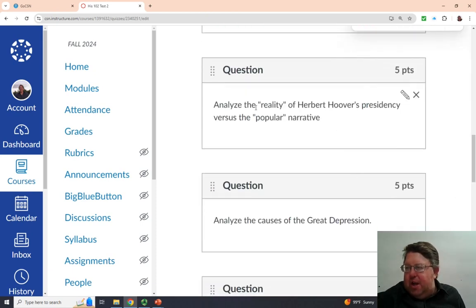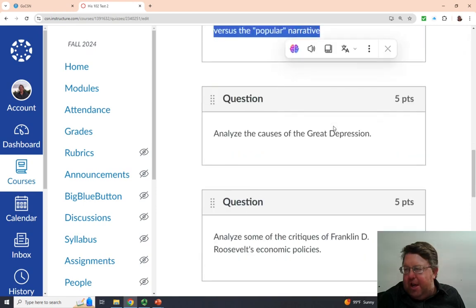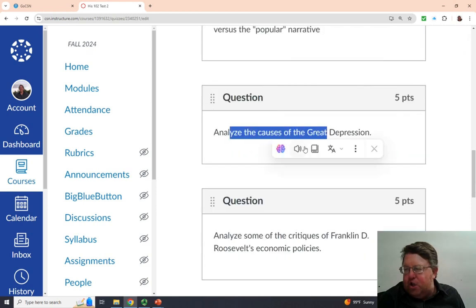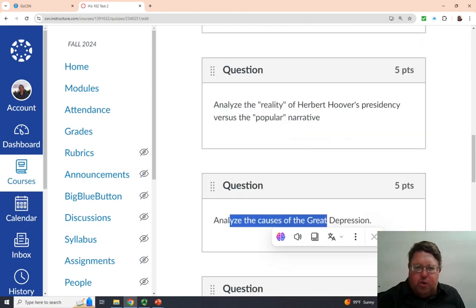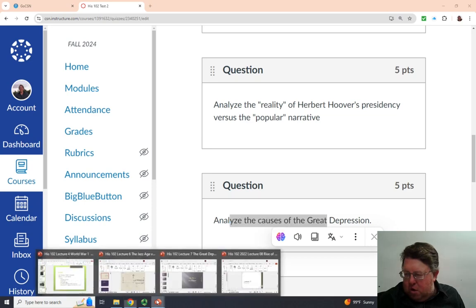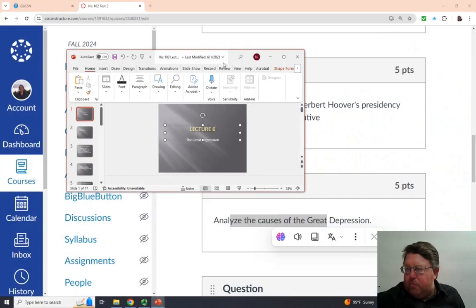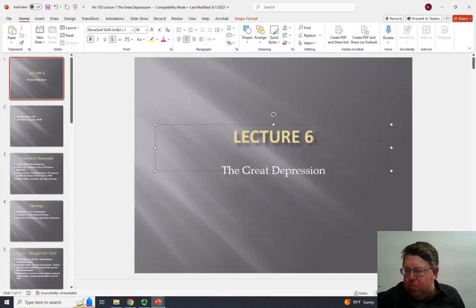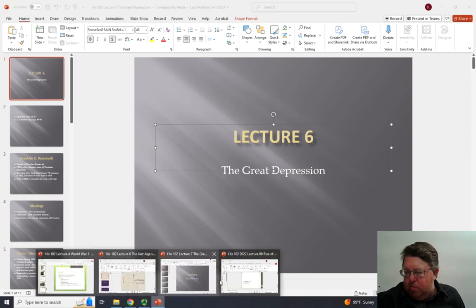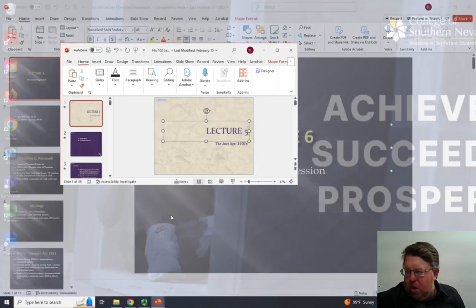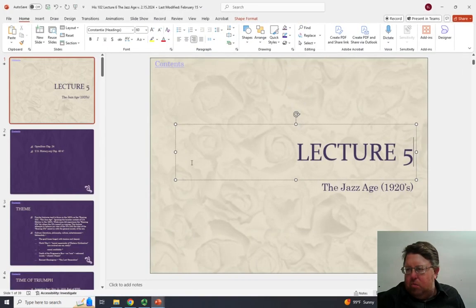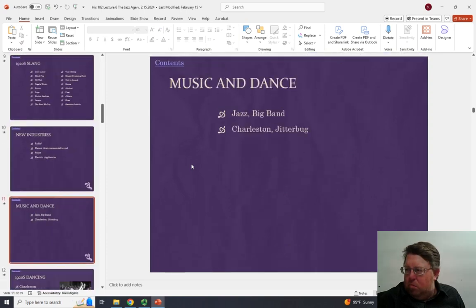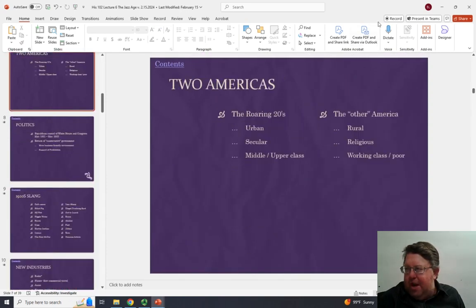Analyze the reality of Herbert Hoover's presidency and analyze the causes of the Great Depression. So those 2 questions are... Whoops, wrong. Is the handout.